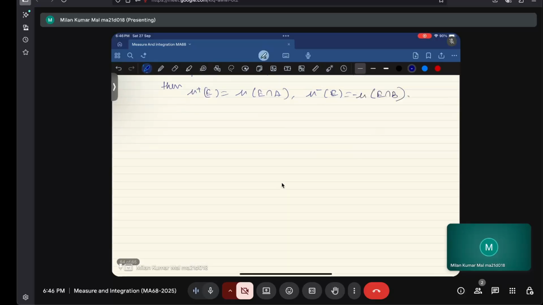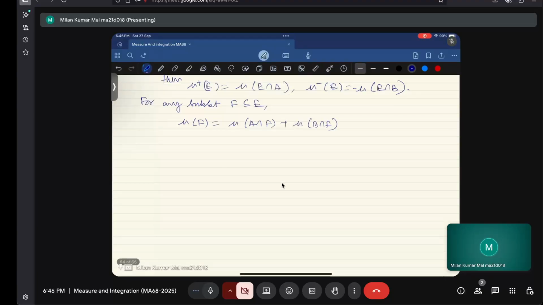Okay, so now for any subset F of E, mu of F is equal to mu of A intersection F plus mu of B intersection F. Because A and B are disjoint, that's why it is happening.